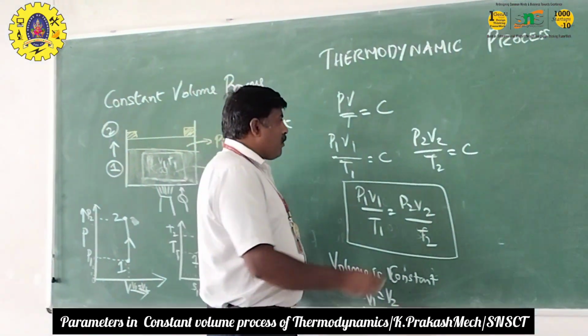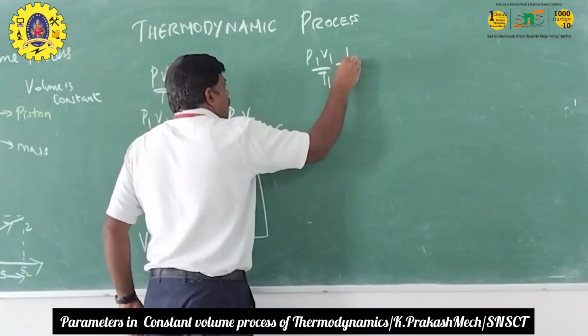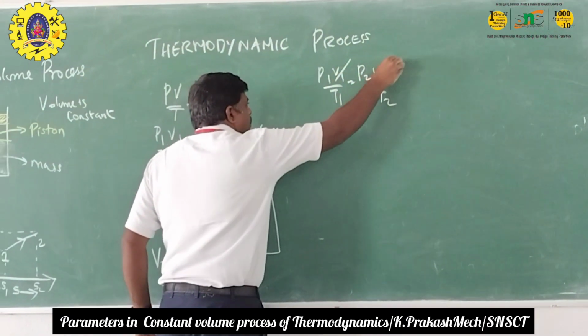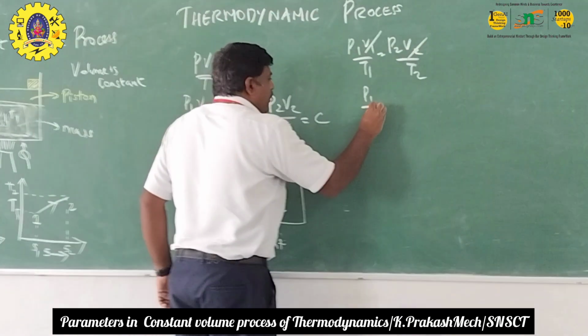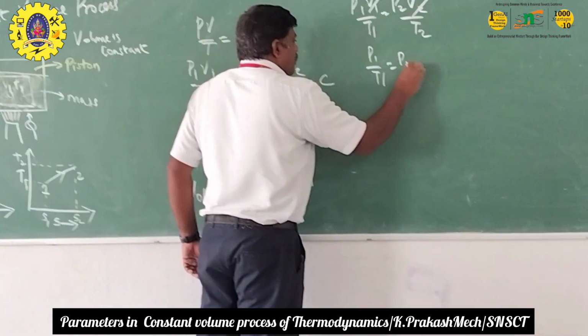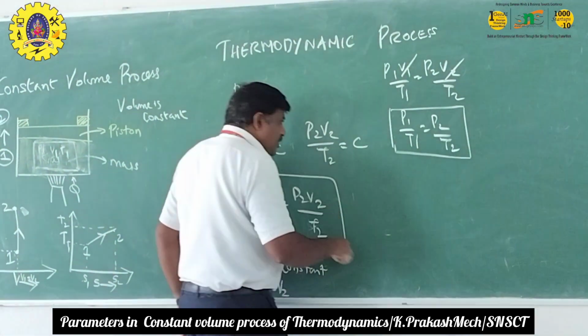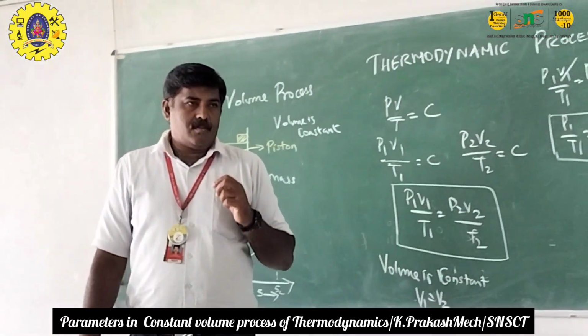So in this formula, P1 V1 by T1 is equal to P2 V2 by T2, V1 and V2 are equal, so they get cancelled. So it is P1 by T1 is equal to P2 by T2. This equation is simplified for the constant volume process like this and can be used.